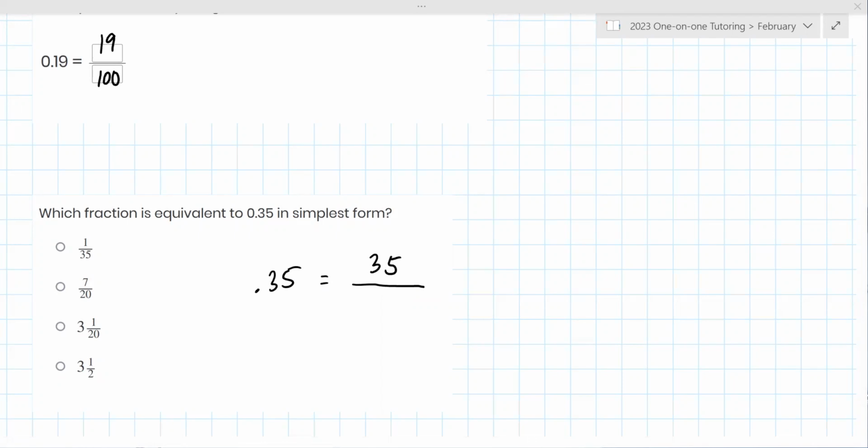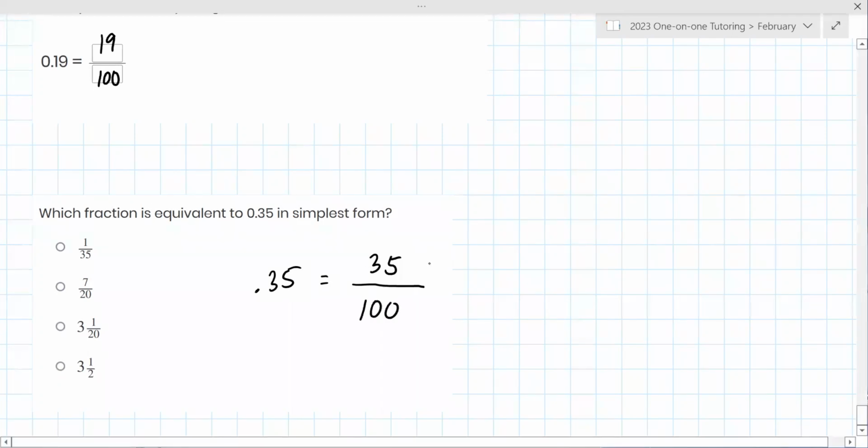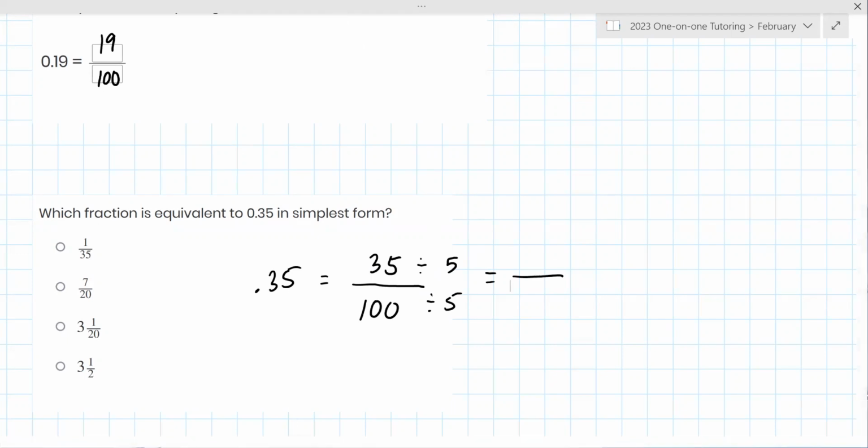Over 100. Oh, okay. Okay, so very good. So now this time we're going to divide the top and bottom by 5. Okay.